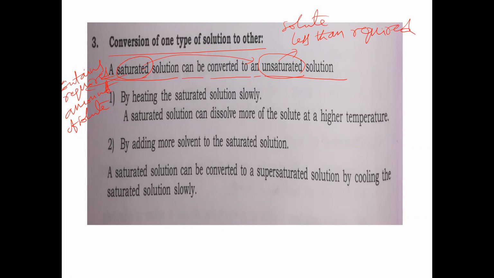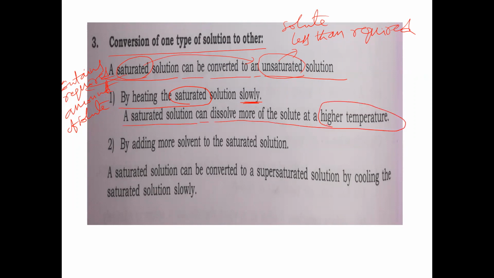Now we have to understand how to convert saturated into unsaturated. See here, the first method is by heating the saturated solution slowly. What happens? It becomes unsaturated. What is the reason? A saturated solution can dissolve more of the solute at higher temperature.